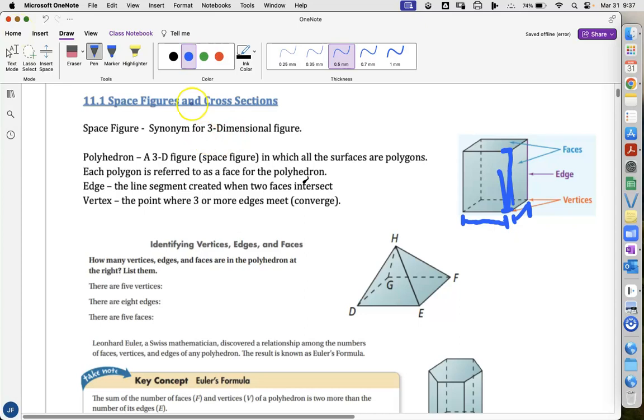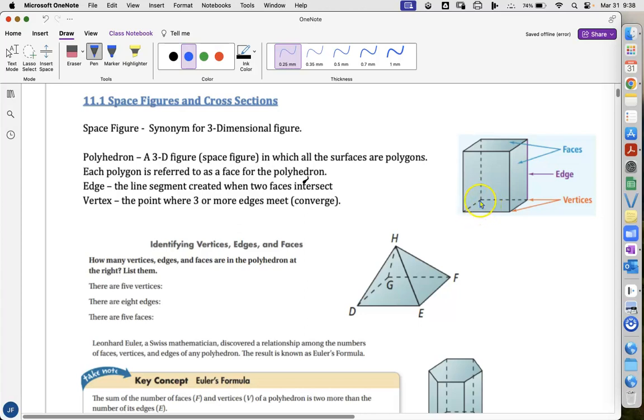Obviously, three-dimensional shapes are difficult to show on two-dimensional surfaces. So what you're seeing here is a three-dimensional shape shown on a two-dimensional surface. What we end up losing, we call that a projection.